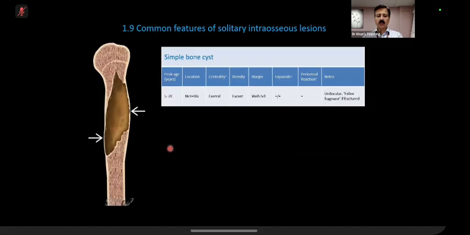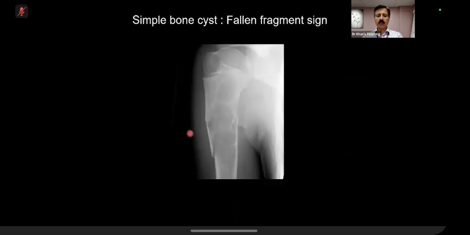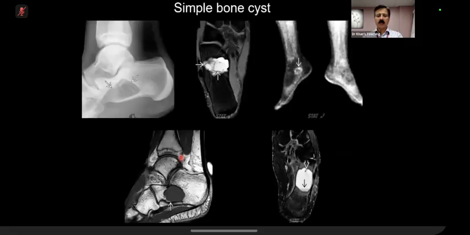This is a simple bone cyst with a fallen fragment sign, another simple bone cyst with a fallen fragment sign. Okay, you remember that I told you that in your book, lesion specified calcaneum. In talus, osteoblastoma; in calcaneum, lipoma was given, and a simple bone cyst was given. So this is a simple bone cyst in the calcaneum.